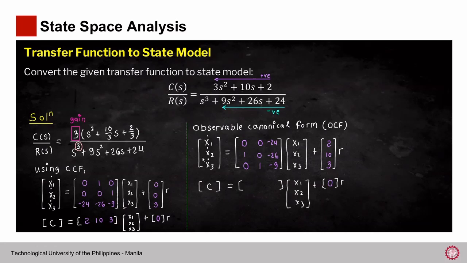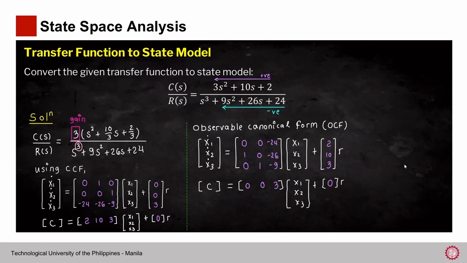And this is R. The 0, 0, 3 from earlier now lies down, so this would become 0, 0, 3. So that's it, guys, for the observable canonical form. Do you understand, guys? Yes, sir.